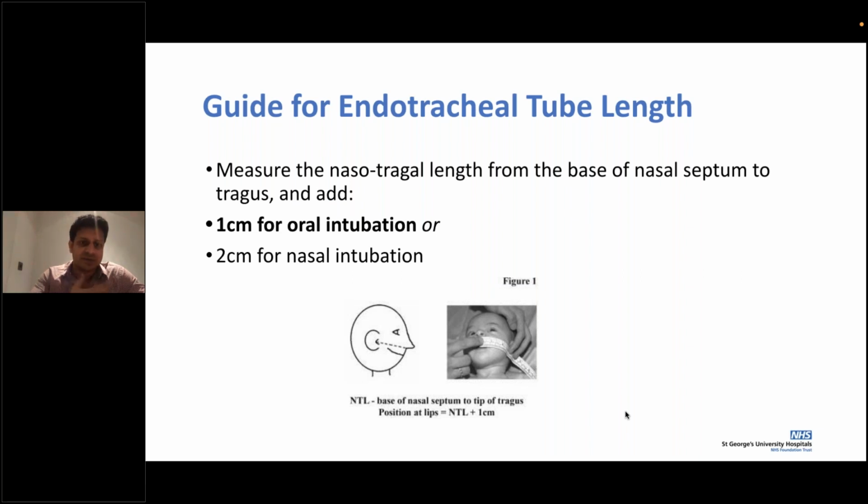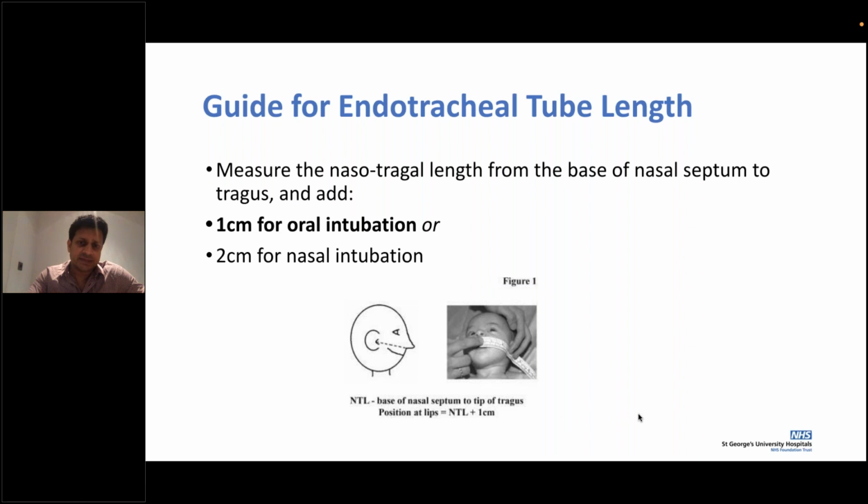There are other ways typically described, whereby you take your nasopharyngeal length from the base of the nasal septum to the tragus and add 1 or 2 centimeters. Now, it isn't very common to do nasal intubation in the neonatal group, but certainly there are some units who do only nasal intubation, and it's not uncommon for a bigger baby where oral intubation is converted to nasal, purely from a comfort point of view.